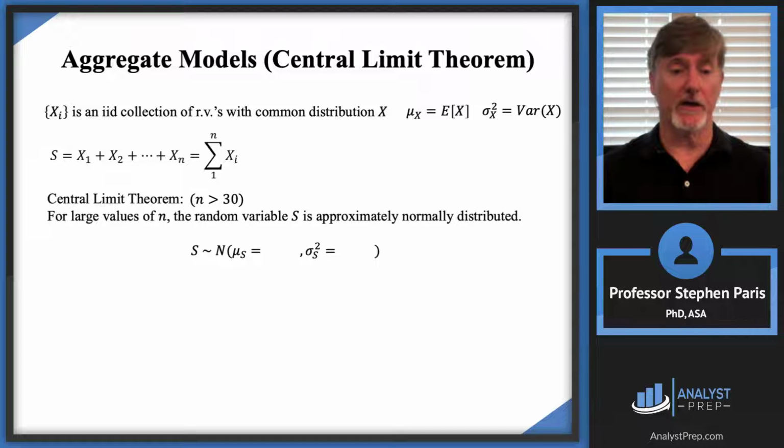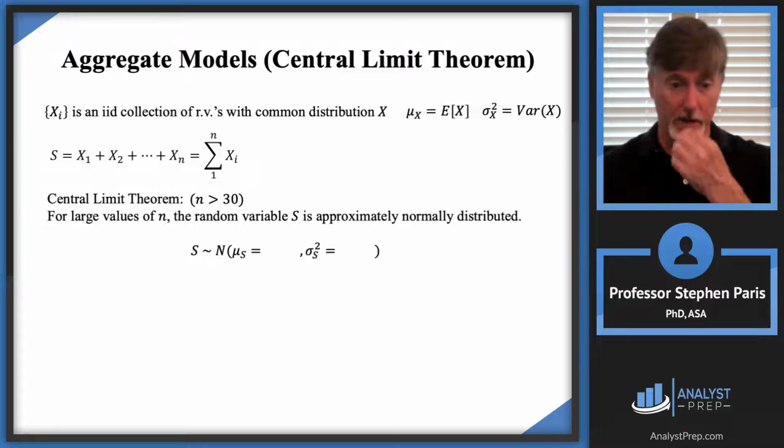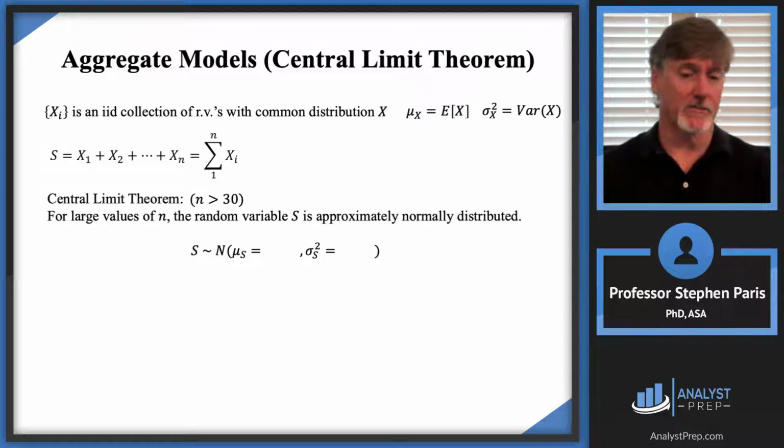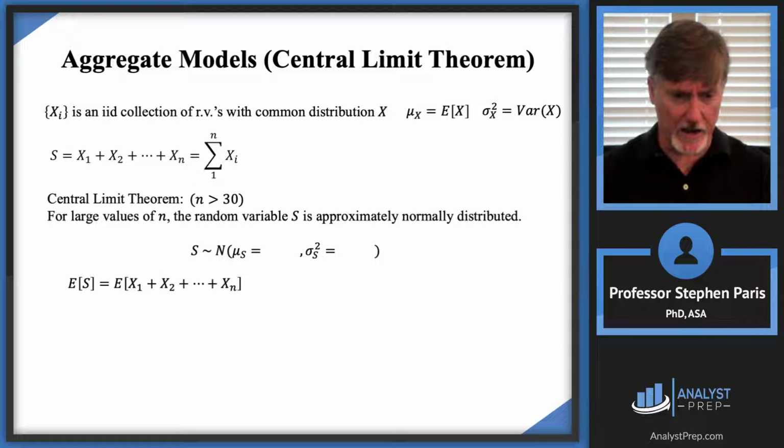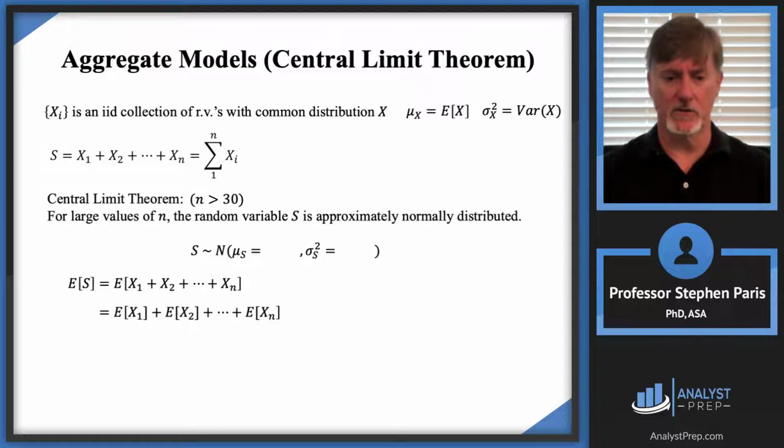Now, let's assume that we have more than 30 variables that we're adding together, and I know then that CapS is approximately equal to a normal distribution. So the question is, what are the parameters that I use? Well, the first parameter for that normal distribution is the expected value of the random variable, and the expected value of a sum is the sum of the expected values. I've got identically distributed random variables.